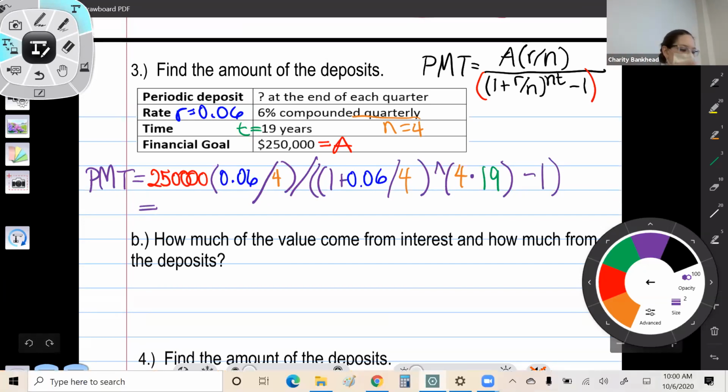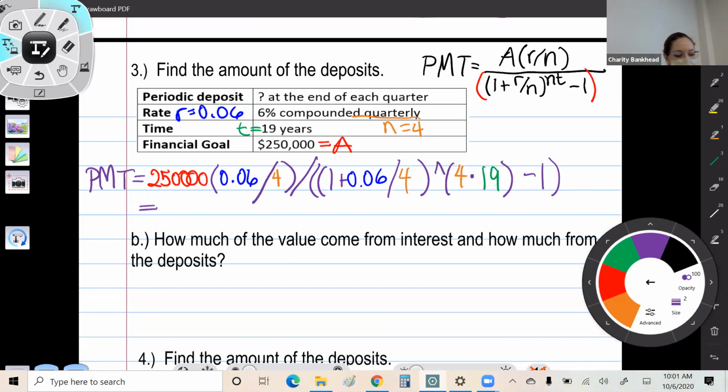Now, actually, technically, we should round this up to the next dollar, because if we want to get to our financial goal of 250,000, 1785 doesn't quite get us there. So we really should round this up to the higher dollar amount, even though it's 36 cents or whatever.